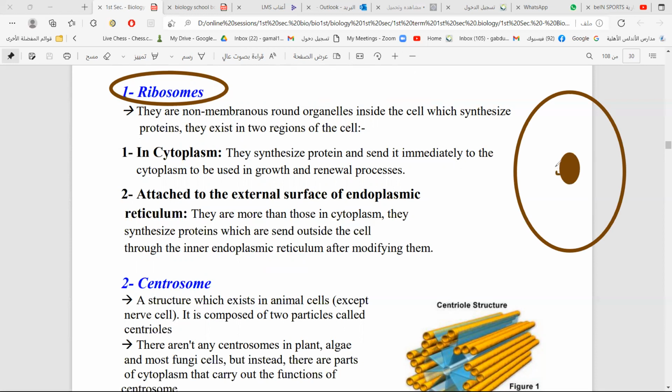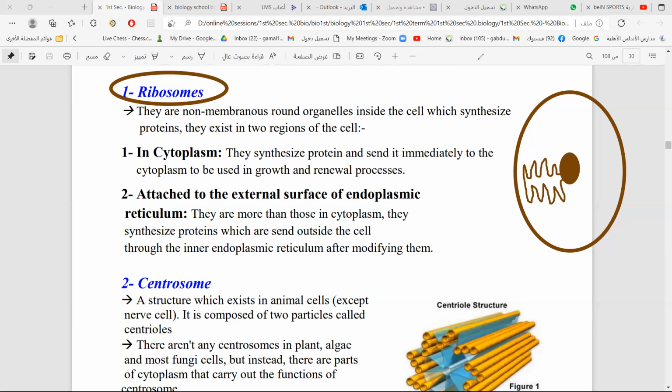If we have here an endoplasmic reticulum like this, and we want to see the ribosomes, they are found on the endoplasmic reticulum.